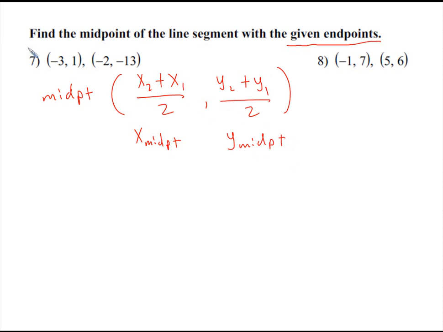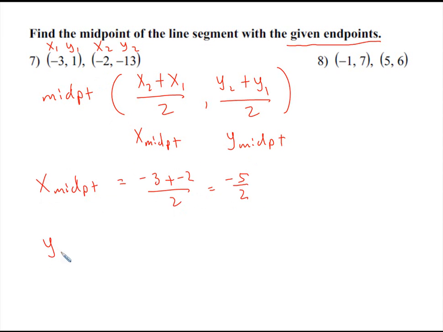Okay, so this would be our x1, y1. This would be our x2, y2, because these are the endpoints of the line segment. So to find the x value of the midpoint, we take the x's, we add them up, -3 plus -2, and we divide by 2. So we get -5/2.